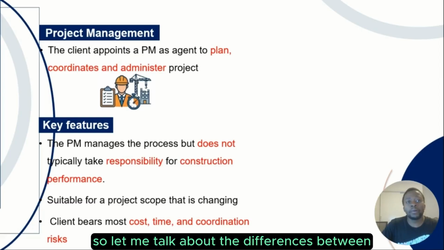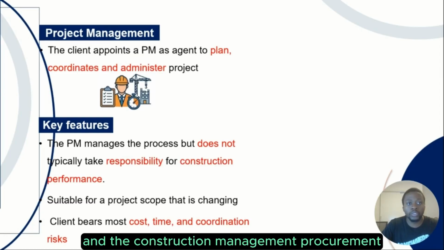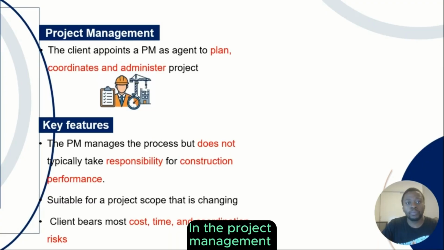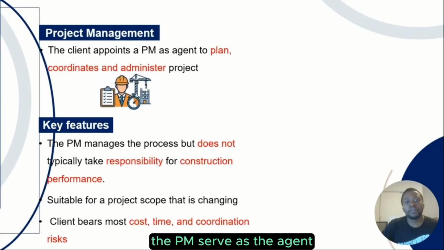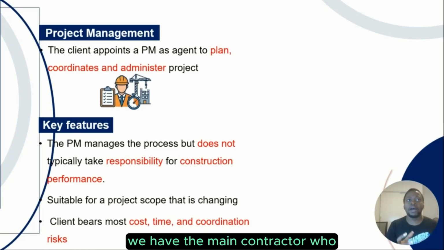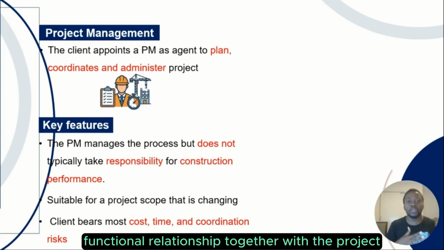Let me talk about the differences between project management procurement and construction management procurement. In the project management procurement, the PM serves as the agent. And in the project management procurement system, we have the main contractor who has a functional relationship with the project manager.